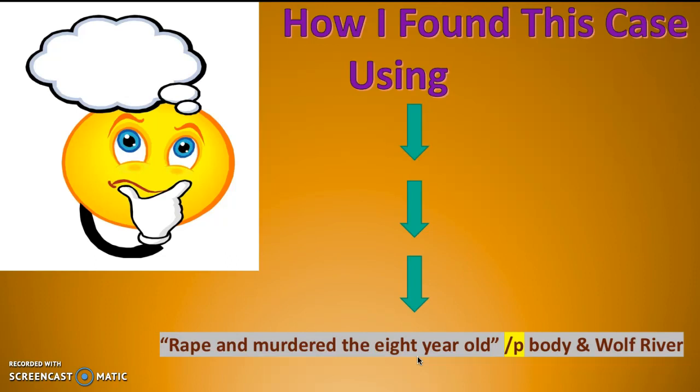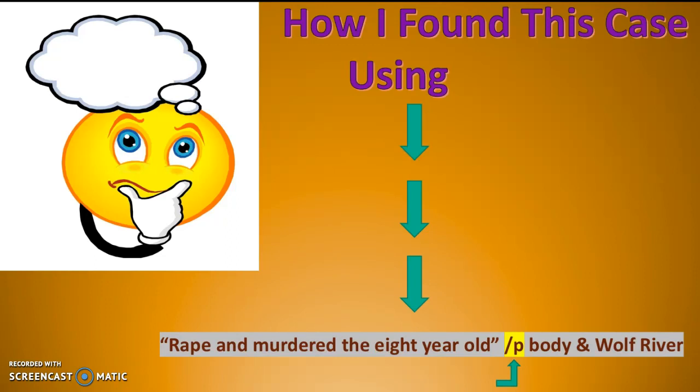Those are the exact words, so I had to put those in quotation marks. And then right here where this /P is, I have that highlighted because that is one of the connectors that I used. That /P pretty much says that those terms, body and Wolf River, are in the same paragraph.